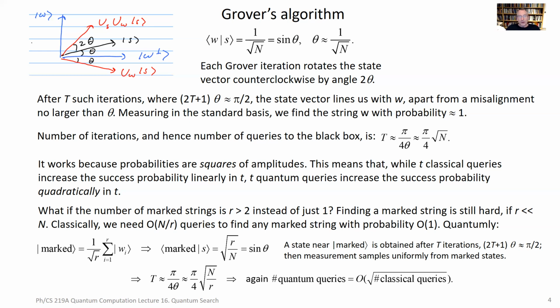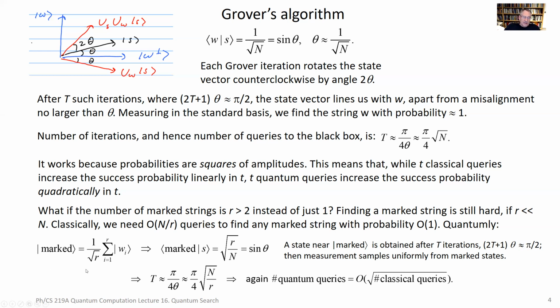The number of queries we need goes like the square root of N over r. It's essentially the same argument as before, except that now in that coherent superposition that we start with, the state S, the coherent superposition of all of the possible candidate solutions, now r of them are marked.